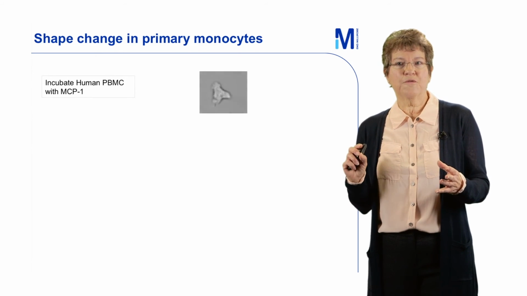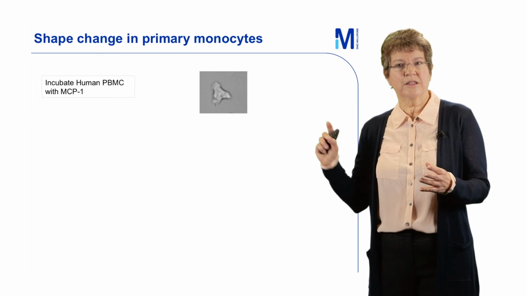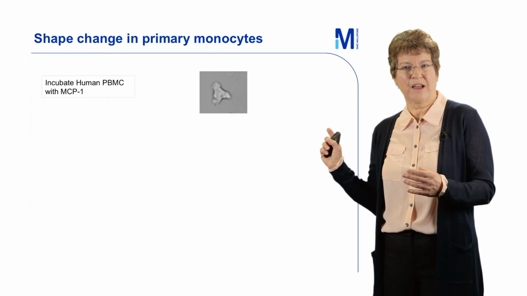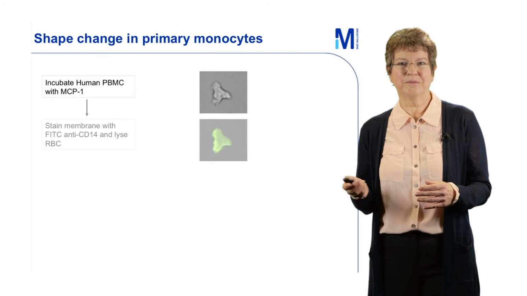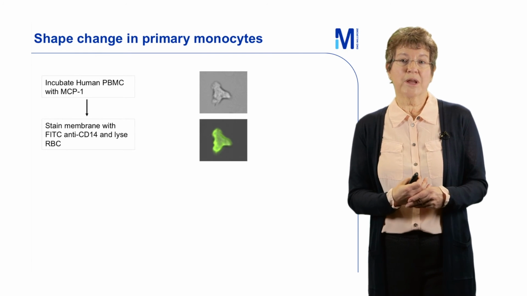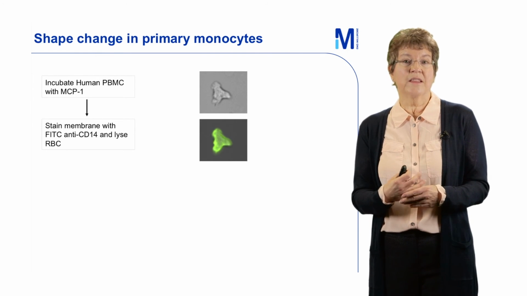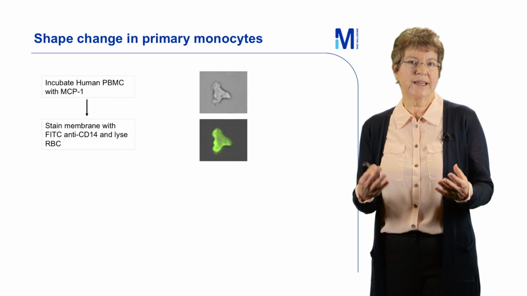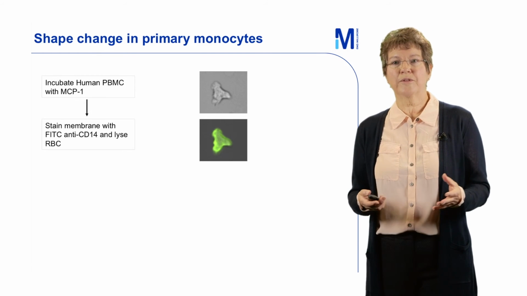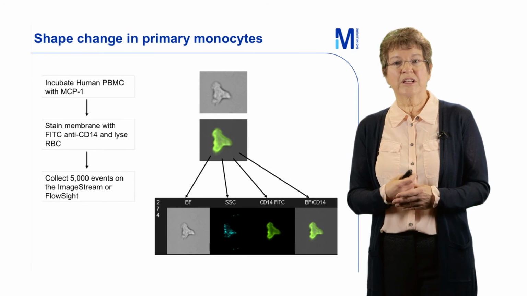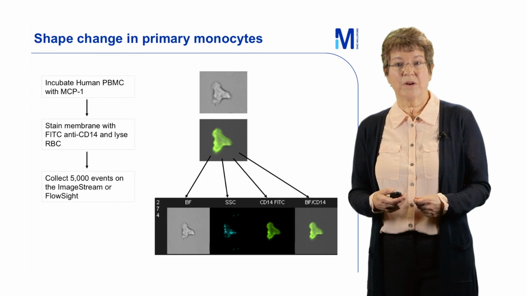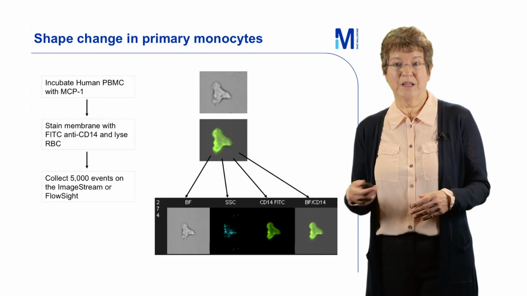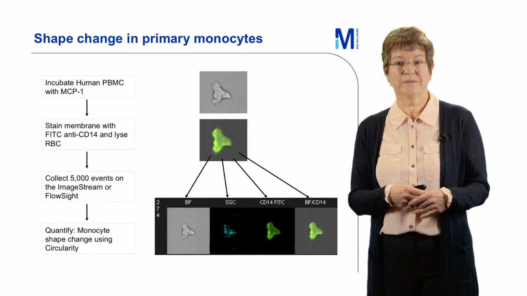So we'll go from that nice round cell to this cell that doesn't have that nice round shape any longer. We stained the membrane with CD14. This assay can be done with the membrane stain or the bright field image, however. We collected 5,000 events on the ImageStream or Flow Cyte, and here are the images showing that.